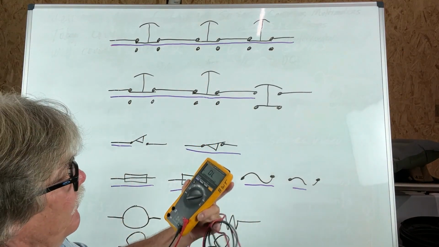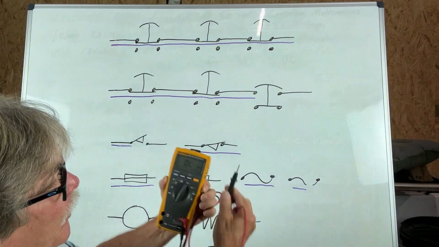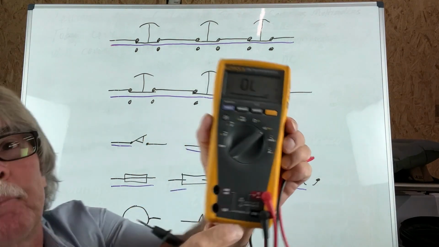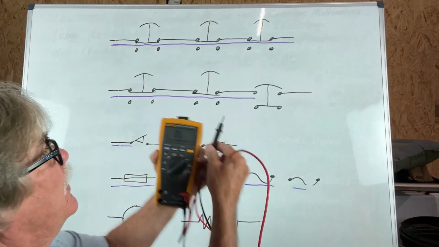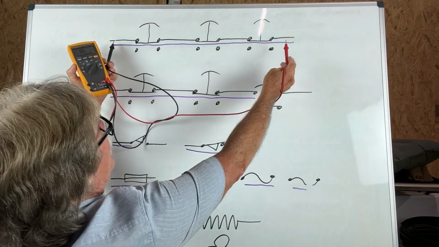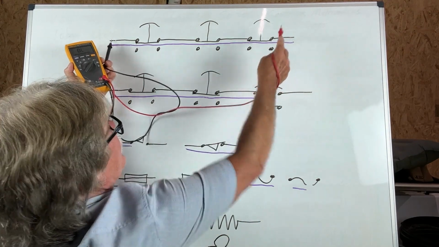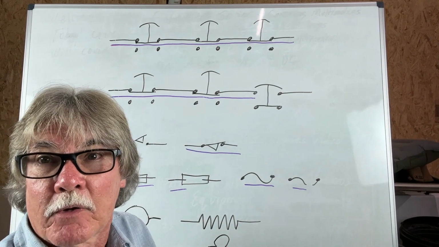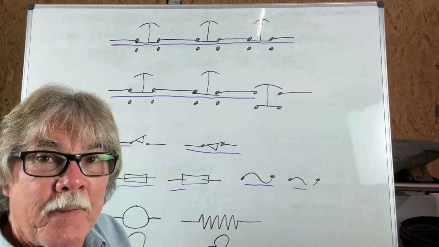If we put this to continuity, because that's what we'd be testing this for, and we put our leads from here to here, it's going to read 0 or near 0, and it'll beep, just like this.